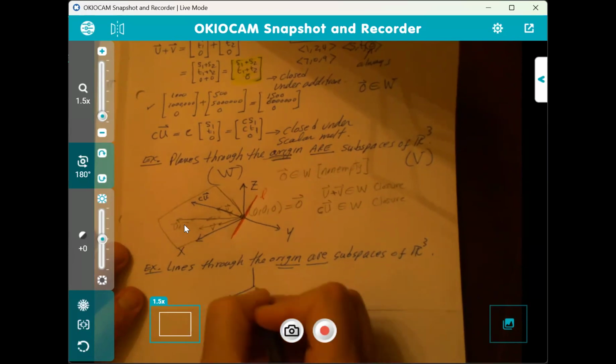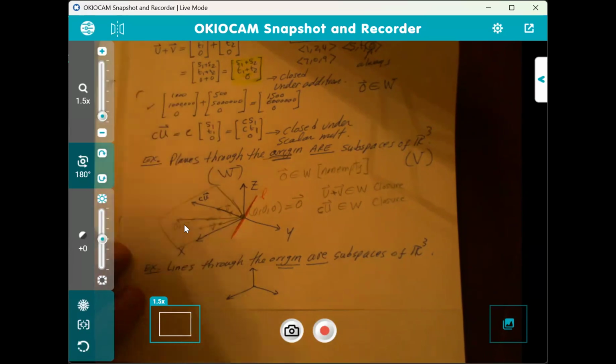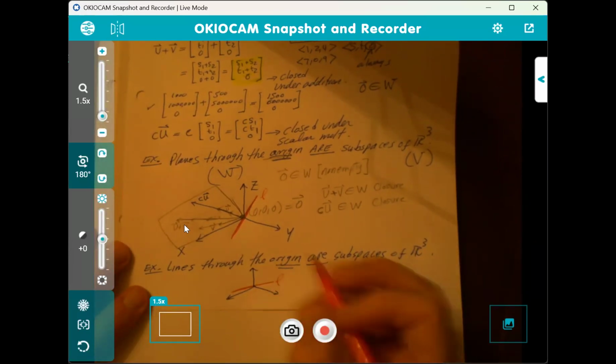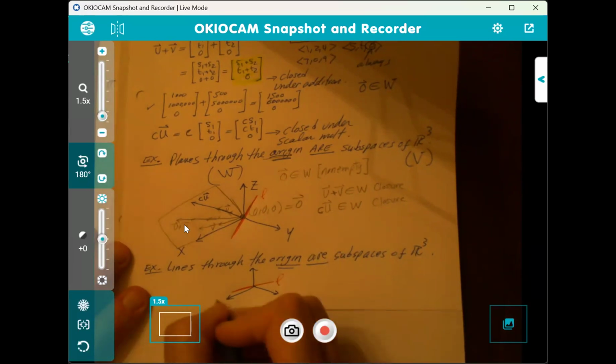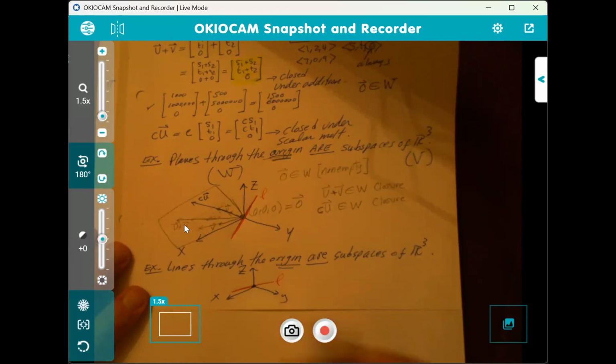Here's my three-dimensional. I already drew a line, but just to show you one more, I could have a line that goes like this. There you go. Here's my line L, right? X, Y, and Z. The key is that zero is there.